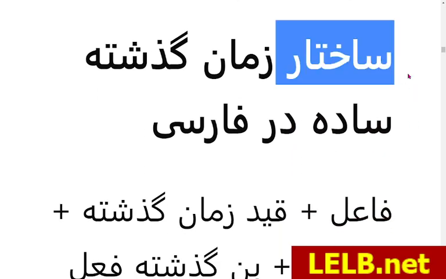Okay, so what about the formula or structure? ساختار زمان گذشته ساده or simple past tense in Farsi. This part is really important and you need to figure it out in one way or another. This is the easiest way to explain it. Fa'il, subject.